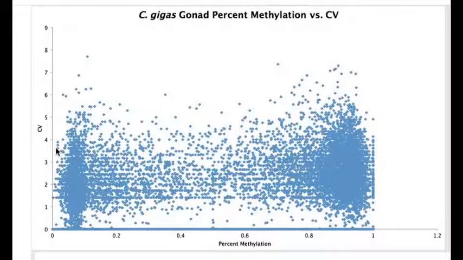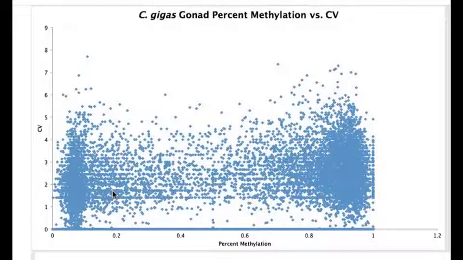Each of these dots represents a CGI number or a single gene. What I've done is average all the percent methylations for each area per gene, and then plotted that by the CV.